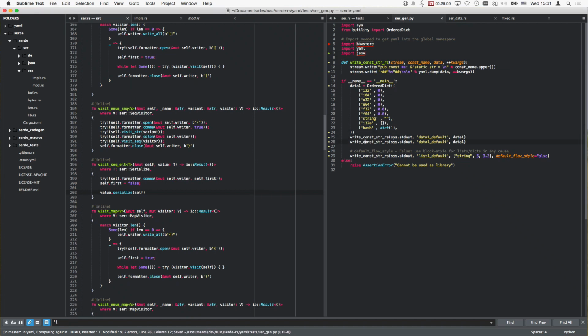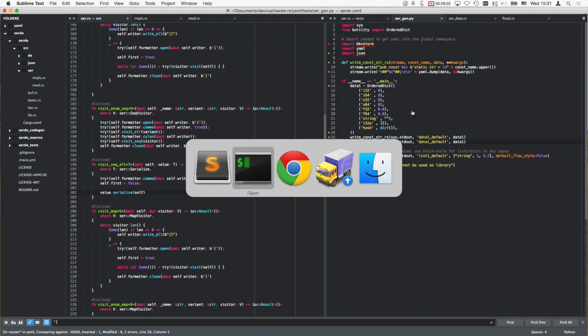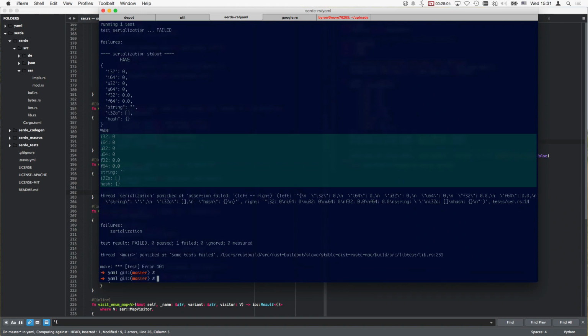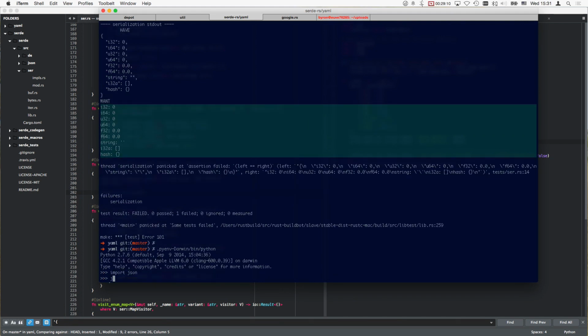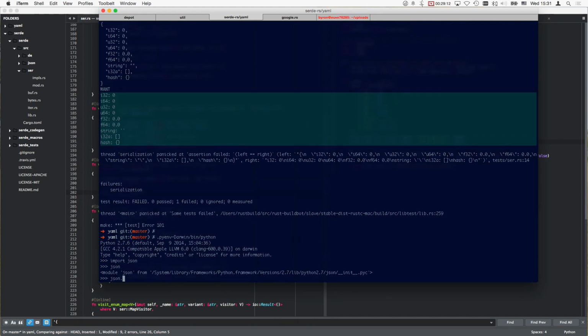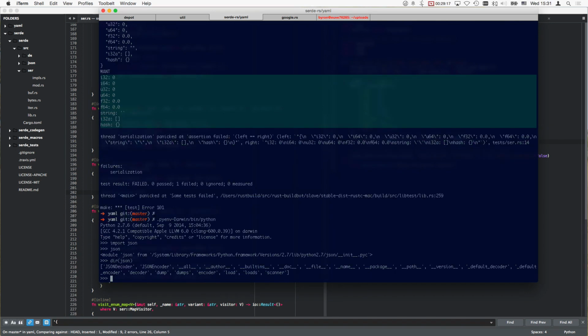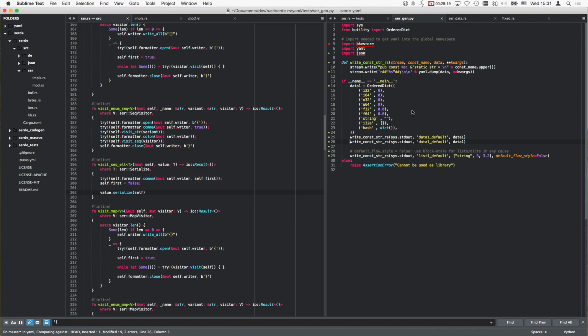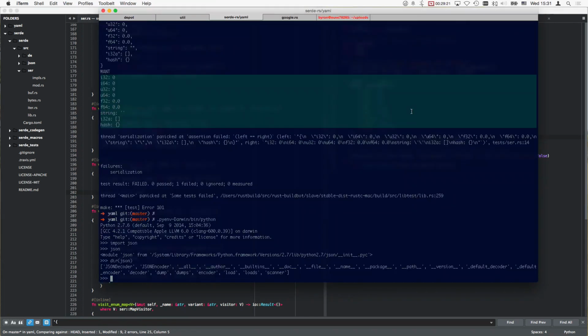Let's try it. And then it's JSON, what is it? Let's try this Python interpreter. Pyenv bin Python, import JSON. See, JSON, we have JSON. Oh, also dump. Nice.